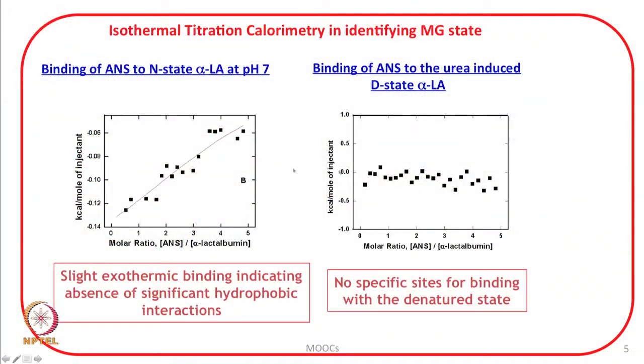Now, keeping in mind that the fluorescence emission intensity of ANS increased manifold when it is binding with the molten globule state, similarly we expect that the isothermal titration calorimetric profile should also be significantly different than as seen for the binding of ANS with the native state and the binding of ANS with the denatured state. Let us take a look at what kind of profile is obtained.